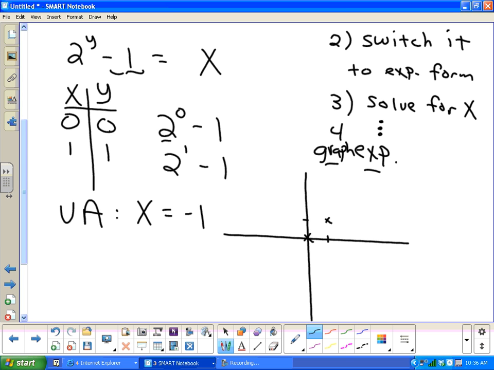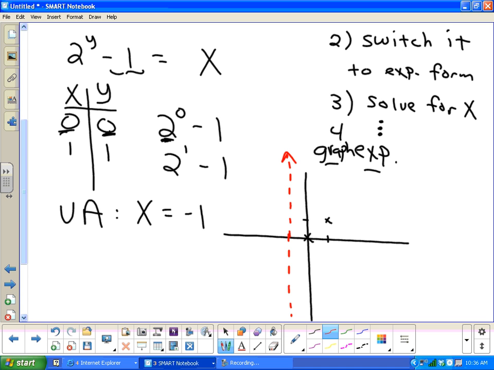Except everything's kind of turned around. We plugged in 0, right? 2 to the 0 power is 1, and 1 minus 1 is 0. Now we got the 2 points. Now let's put in the vertical asymptote. X equals negative 1. That's going to be right here.